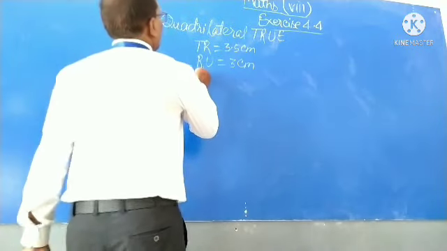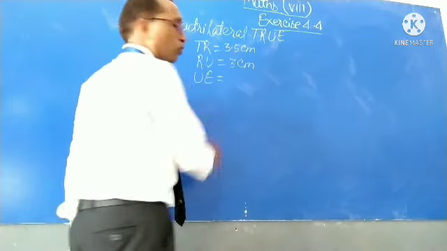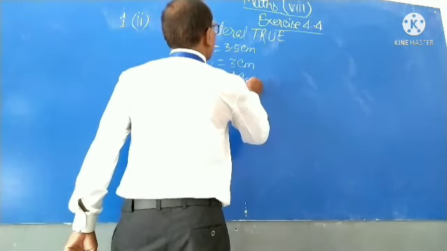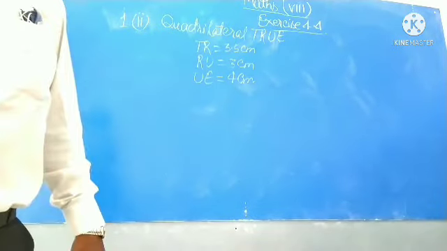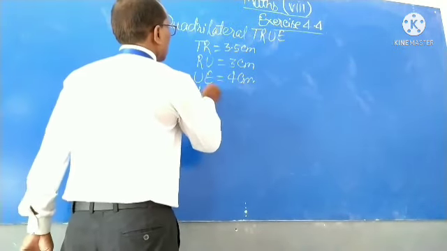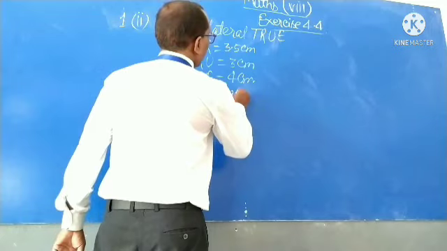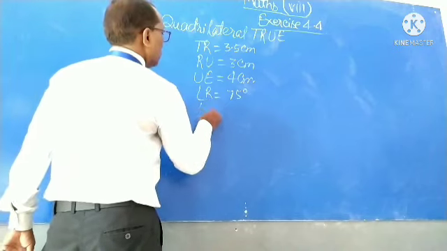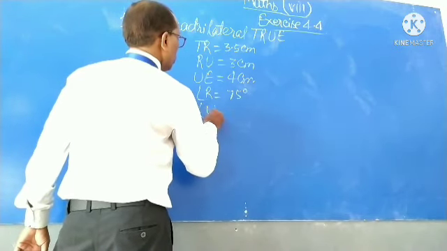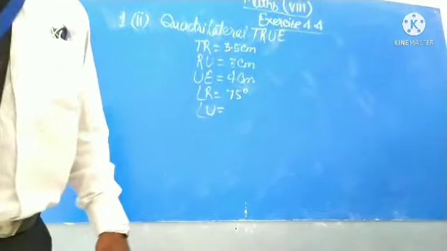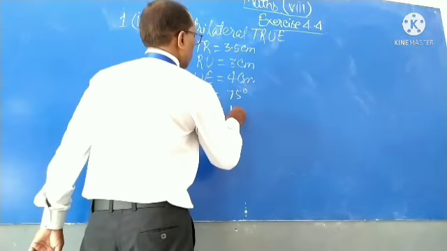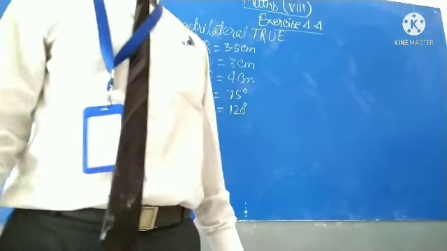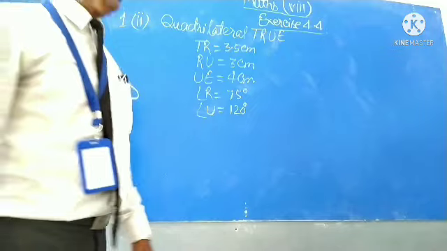UE is equal to 4 centimeter. And angle R is equal to 75 degree. Angle U is equal to 120 degree. These are the measurements by which we are going to construct quadrilateral TRUE.